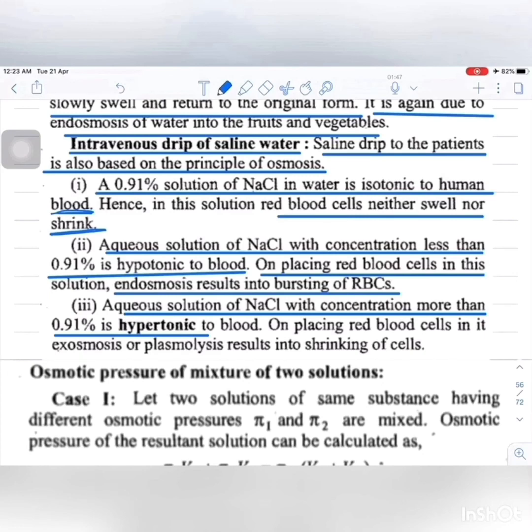Means if RBC is placed in salt solution of concentration more than 0.91, the concentration outside RBC is high, so it is called hypertonic solution. In this solution, RBC will lose water to the high concentration outside the RBC and RBC will shrink, and this is called exosmosis.